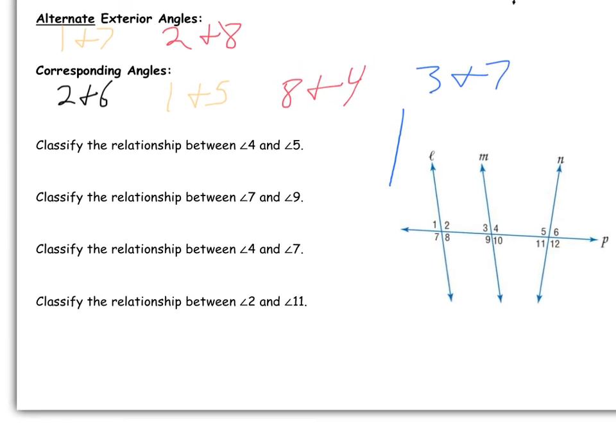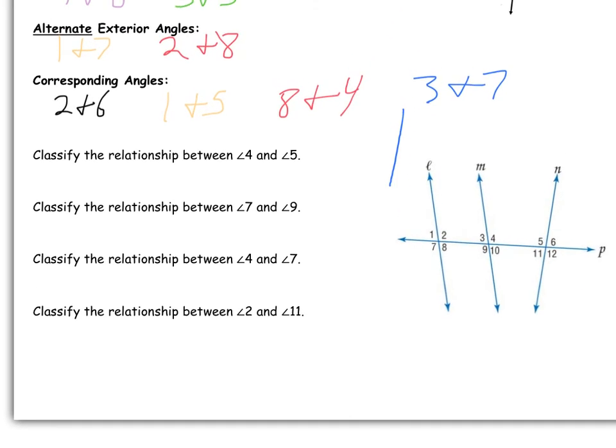Looking at the last section of the notes for today, we see that P is a transversal in our diagram, and there are 3 lines. However, when dealing with 2 angles, we're only going to be looking at 2 of those lines. So we're looking at angle 4 and angle 5. Now, what does that mean about line L? We really don't have to pay any attention to this line.